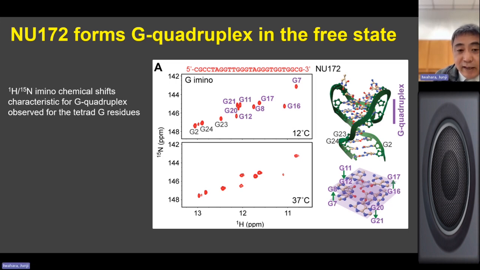The reason we can say that is that we saw N15 and proton chemical shifts characteristic for G-quadruplex here. When we assigned these signals, they were indeed from the region for which the crystal structure shows G-quadruplex in the complex. So even in the free state, this aptamer can form a G-quadruplex.